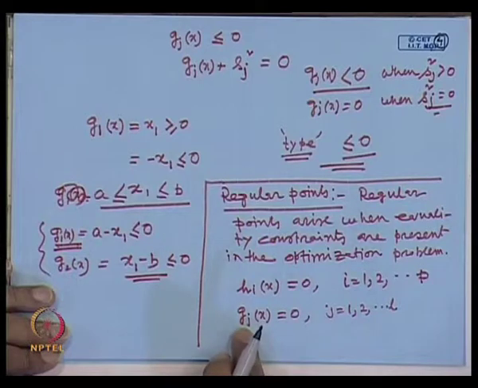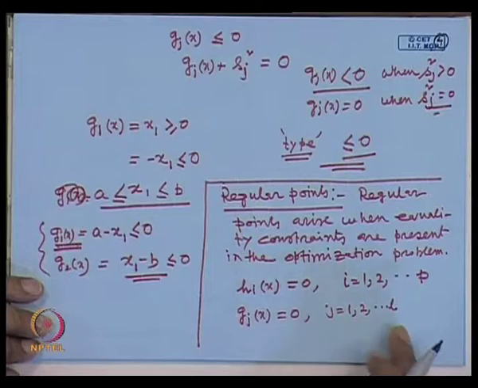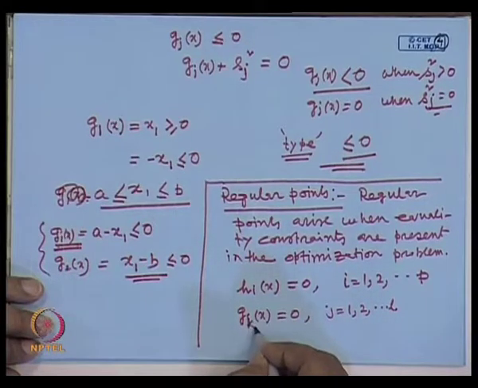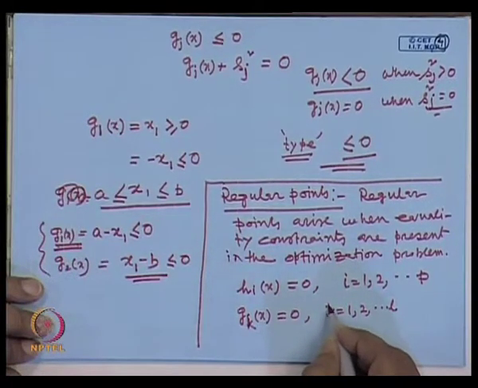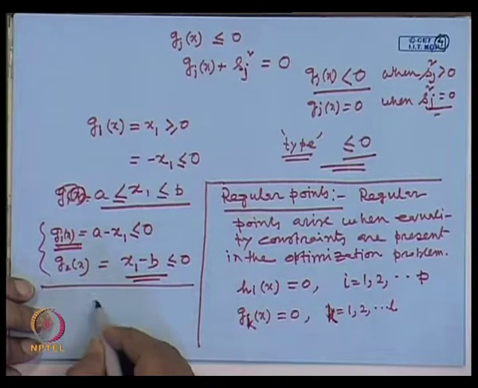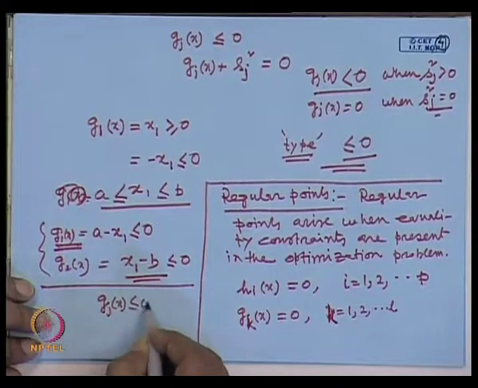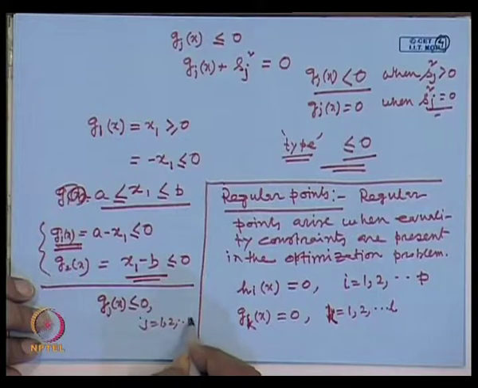So, now our original problem was, j varies from 1 to... or you write it k in place of this j, in order to avoid confusion. Again, our basic inequality constraint is g_j(x) ≤ 0 for j = 1, 2, ..., m.